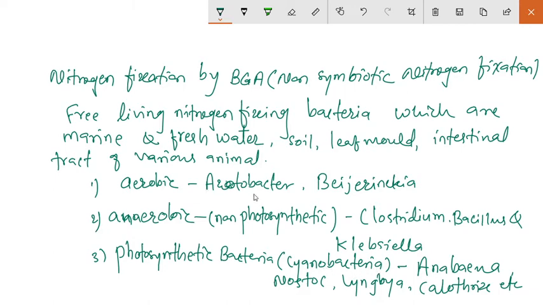Examples are Anabaena, Nostoc, Lyngbya and Calothrix. These are the various blue-green algae.